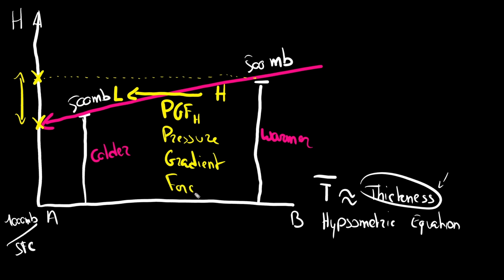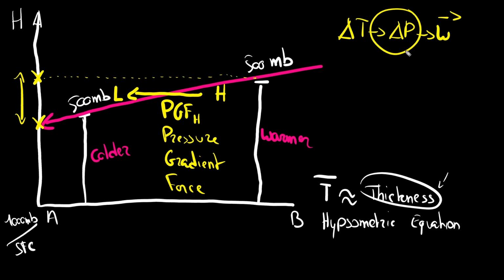Remember what we said in the previous section of the video: it's not really the temperature directly that's responsible for the motion. A difference in temperature creates a difference in pressure, and it's this difference in pressure which drives the wind. So now we arrive at our conclusion and why this term is so important and how it drives the wind.